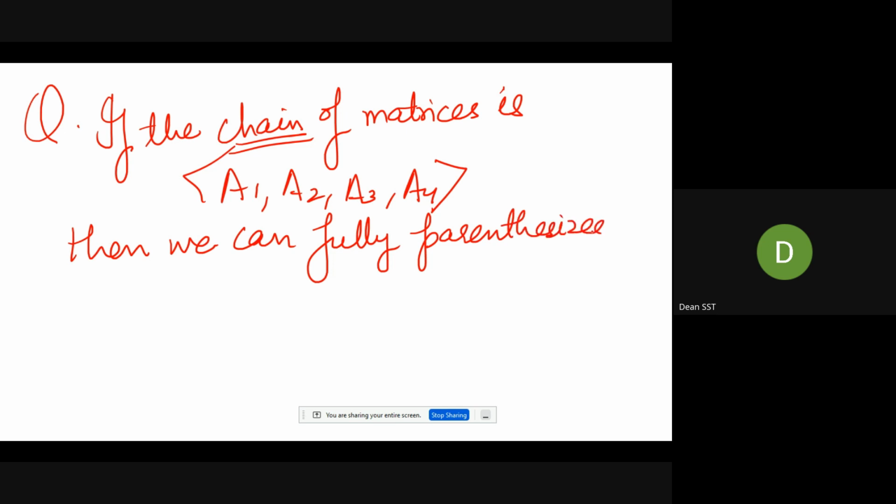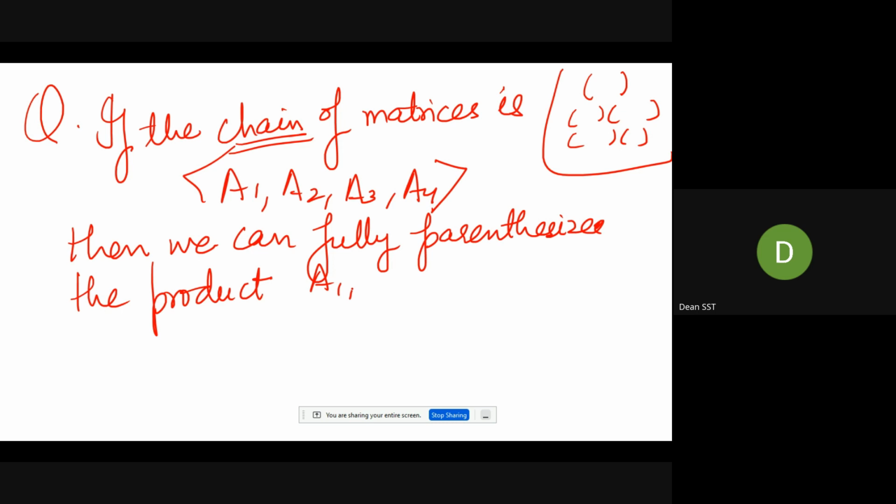Parenthesize means we can keep the brackets. Parenthesize means bracket. In what order we have to keep the brackets? Then we can fully parenthesize the product A1, A2, A3 and A4 in 5 distinct ways.